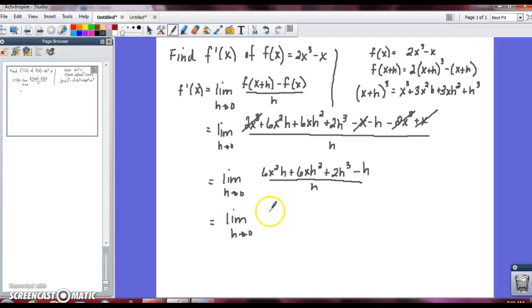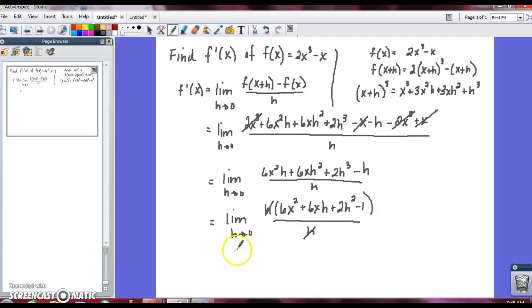Now I can factor an h out of all of my terms in my numerator. I'm left with 6x squared plus 6xh plus 2h squared minus 1, all of that over h.